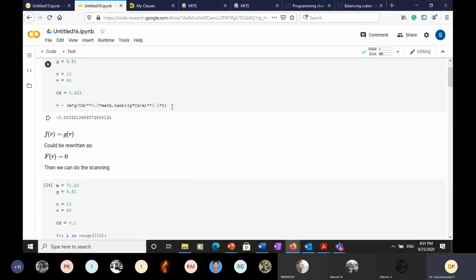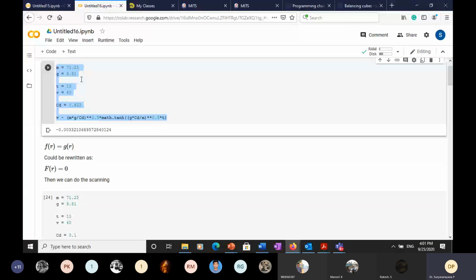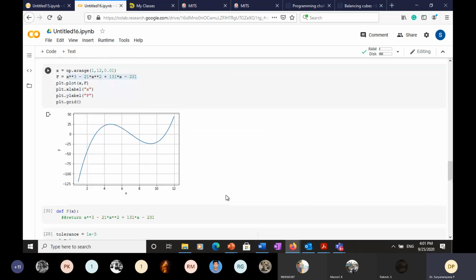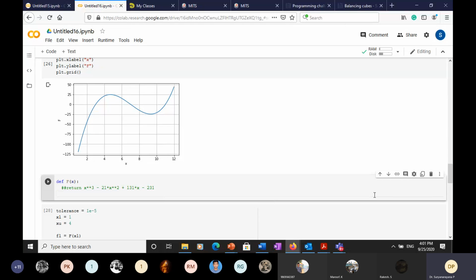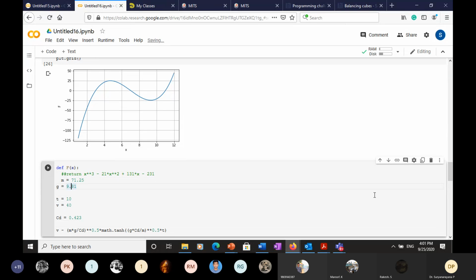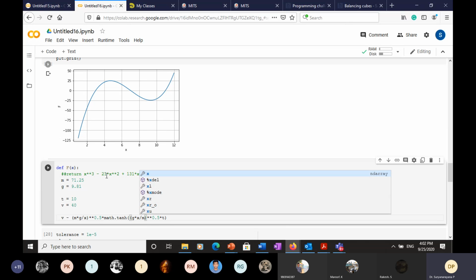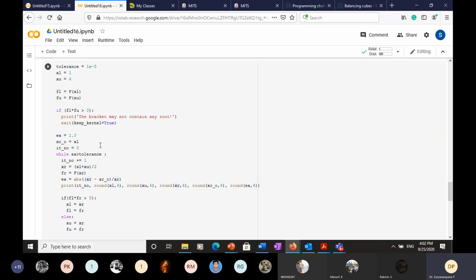Now I'll use this same program to solve that other problem, the bungee jumper problem. Only thing is, instead of CD, because this is my x now, I'll make it x.